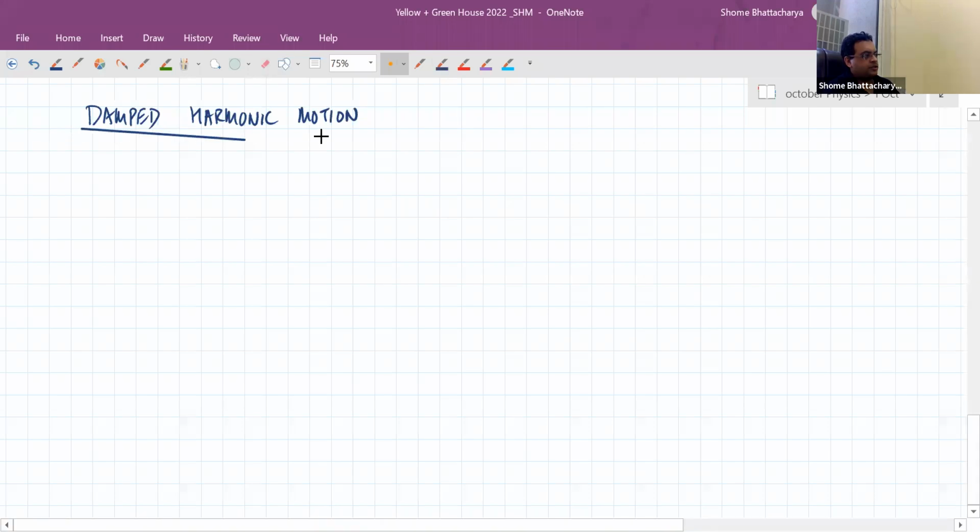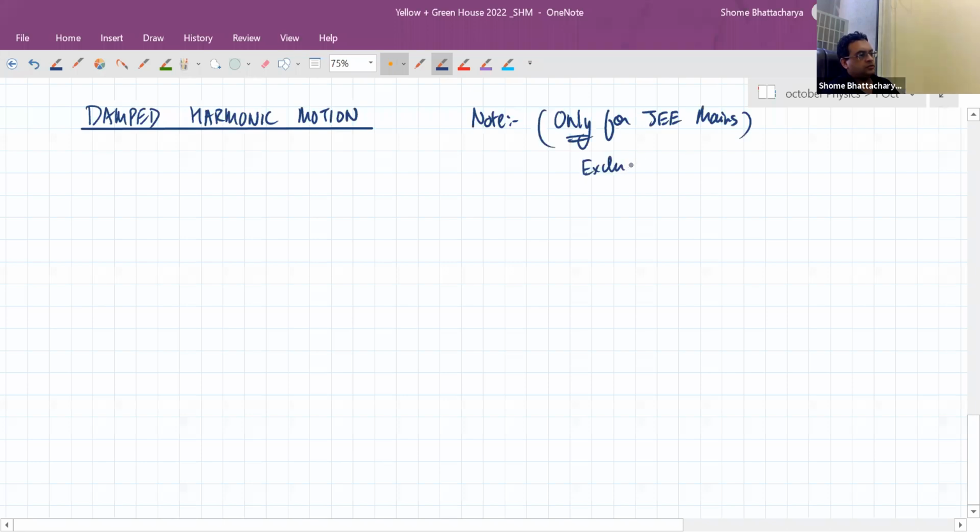Now, before we get into this, just a point to keep in mind here, that this section is only for the JEE Mains syllabus. It is excluded from JEE Advanced.